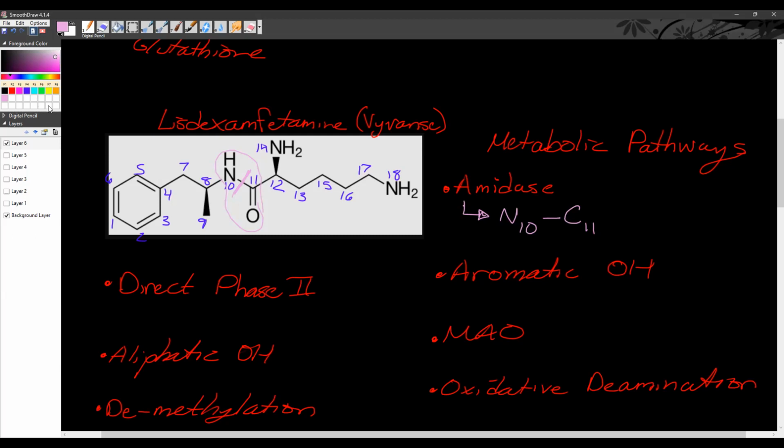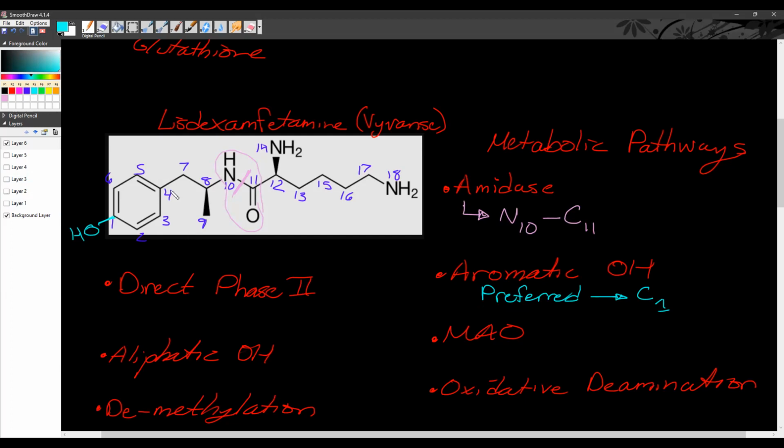We have aromatic hydroxylation. And what would be the preferred carbon for aromatic hydroxylation? C1. Yeah. Why? Because it is the para position. Could it go on C6, 2, 3, or 5?